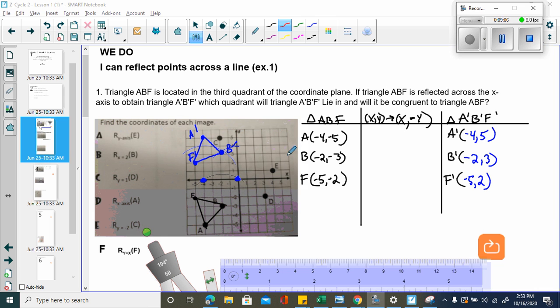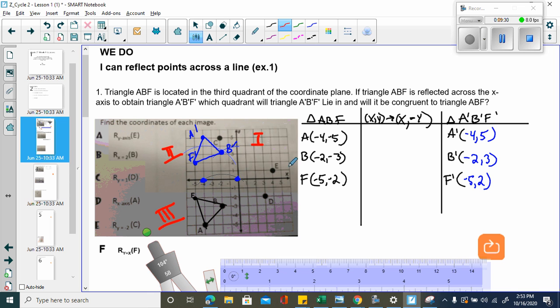Now let's answer the remainder of the question. The question says that triangle ABF is located in the 3rd quadrant. So let me identify all my quadrants. These are my 4 quadrants. This is quadrant 1. This is quadrant 2. This is quadrant 3.